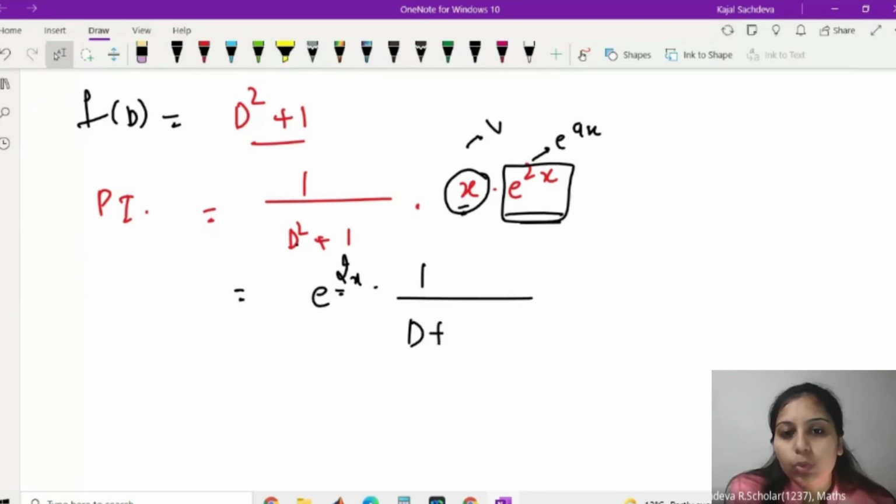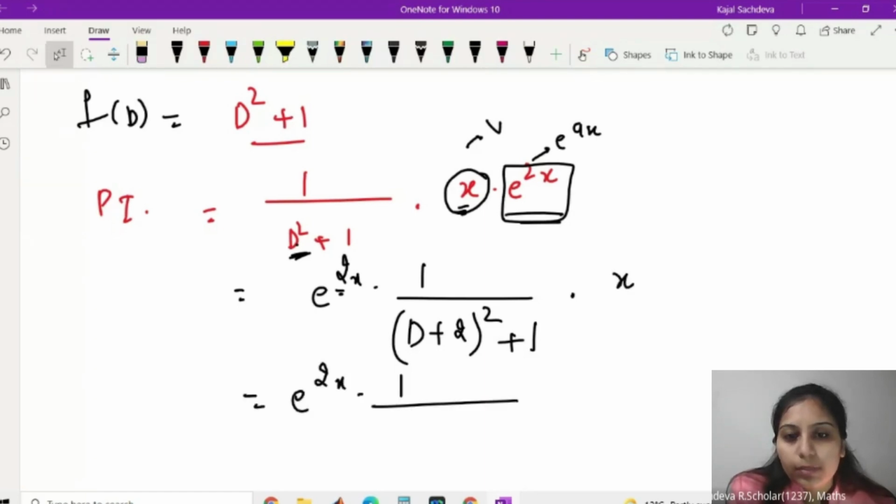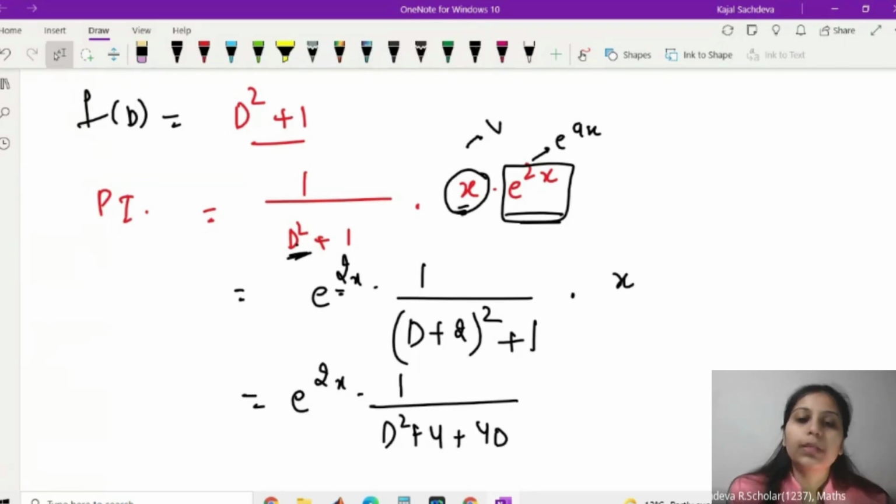Here, 2: (D + 2)² + 1 into just keeping x. So e^(2x), below we get D² + 4D + 4 + 1, that is D² + 4D + 5, into x.